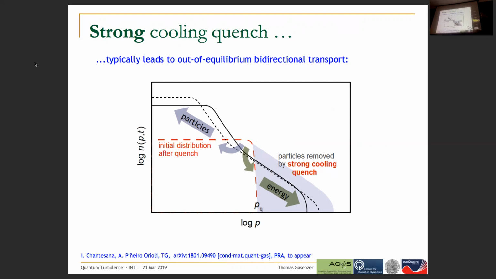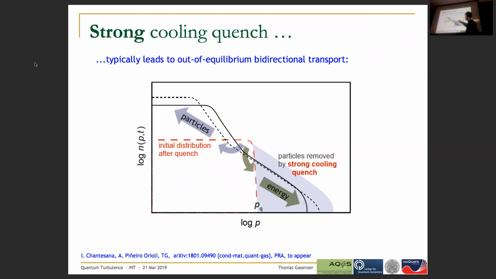For example, by starting with an initial distribution which looks like the thermal one, with temperature, Rayleigh-Jeans, and then a flat plateau. And then I do a cooling quench, chucking out all these blue particles here at high energies, leaving only this plateau, which now suddenly drops to 0 at some particular quench scale. That quench would produce a distribution which is certainly far out of equilibrium.